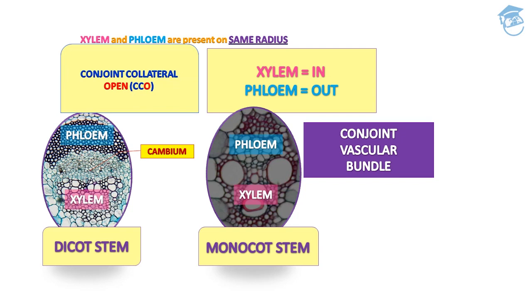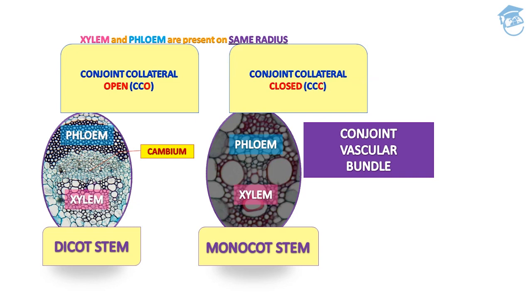But if cambium is present, as in the case of dicot stem, then that is called conjoint collateral open. So without cambium it is called closed, and with cambium it is called open. And this is the conjoint vascular bundle type.